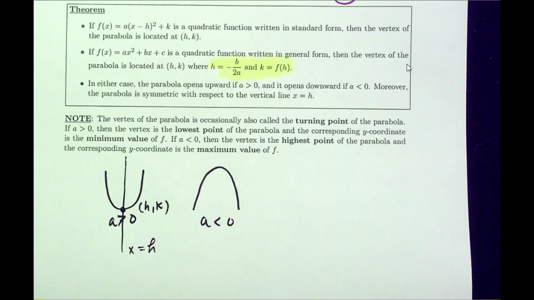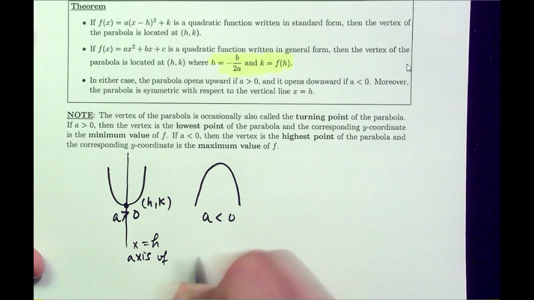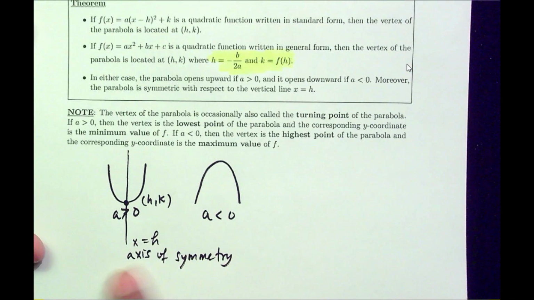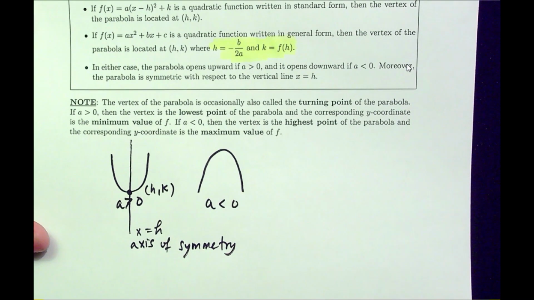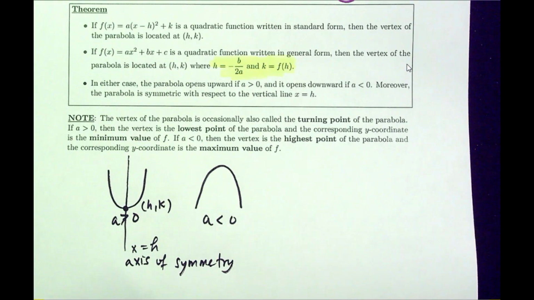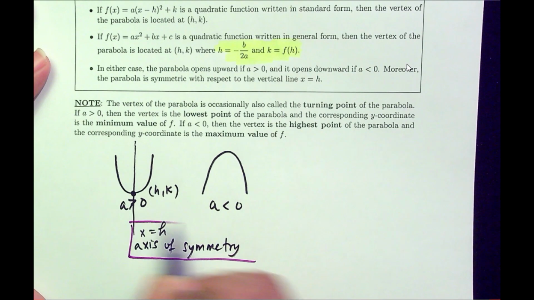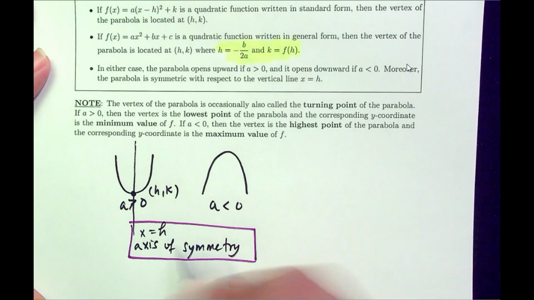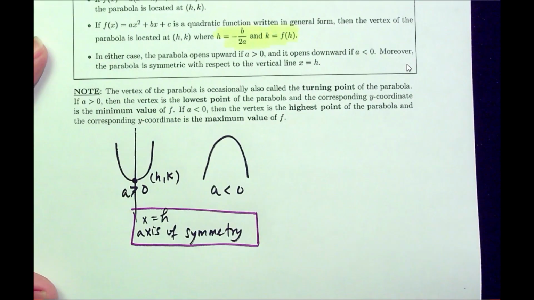That's called the axis of symmetry. The axis of symmetry is the same for both, whether it opens up or down, doesn't matter. So x equals h is the so-called axis of symmetry. The parabola is then symmetric with respect to this axis of symmetry, which is the vertical line x equals h.